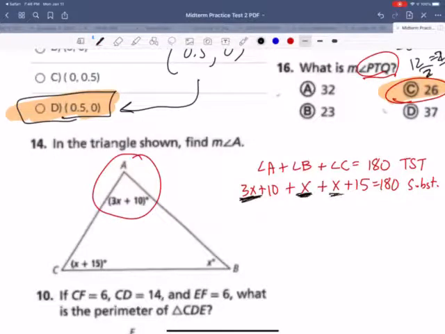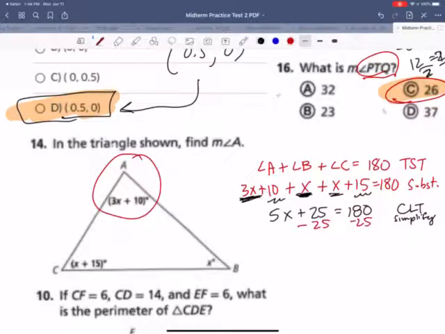I've got 2 x's and 3 more x's, so that's 5 x's. 10 and another 15, so that's 25. And I've combined like terms. That's also called simplified. Now we're just going to do our subtraction property of equality. Divide by 5 on both sides. Nice. So I get 31.